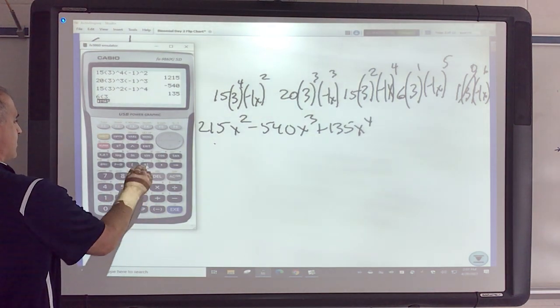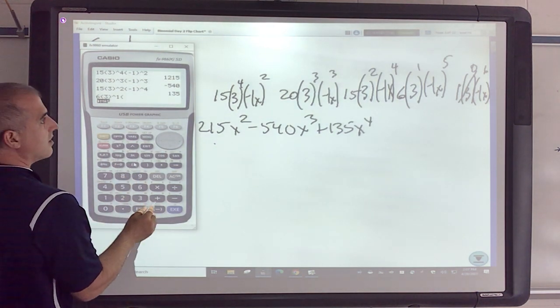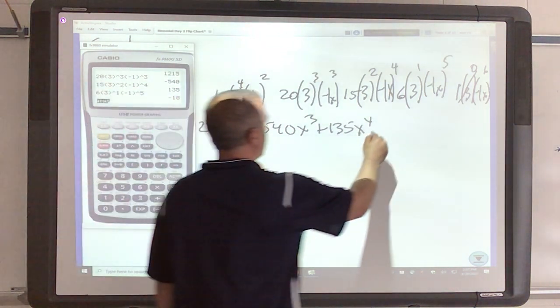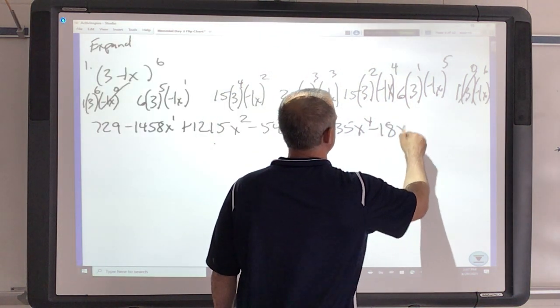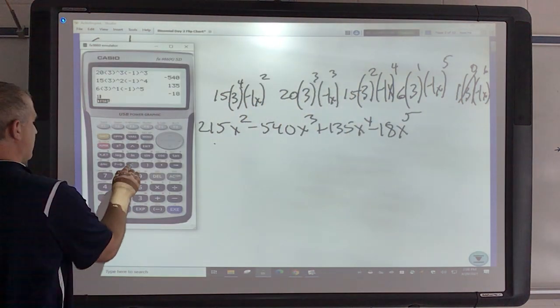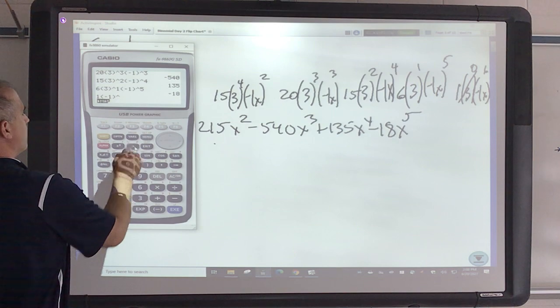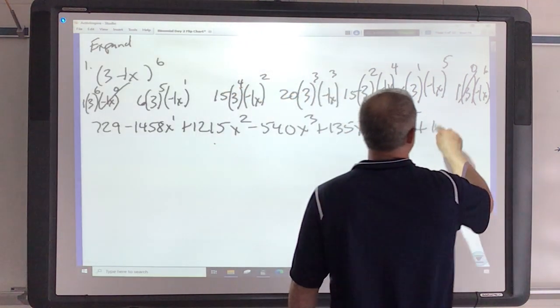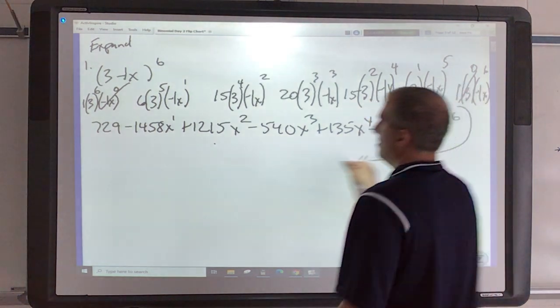Then 6, 3 to the 1st, negative 1 to the 5th, negative 18 x^5. And then that 0 goes away, so I've got negative 1 raised to the 6th power, so it's going to be 1x^6. So this is expanding.